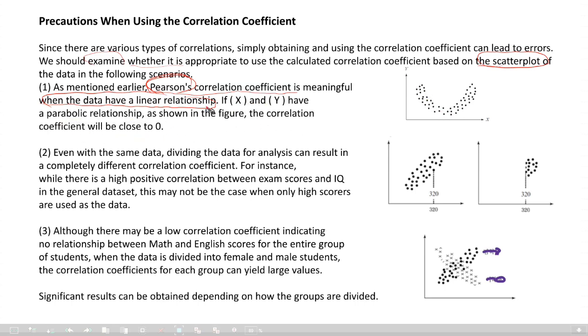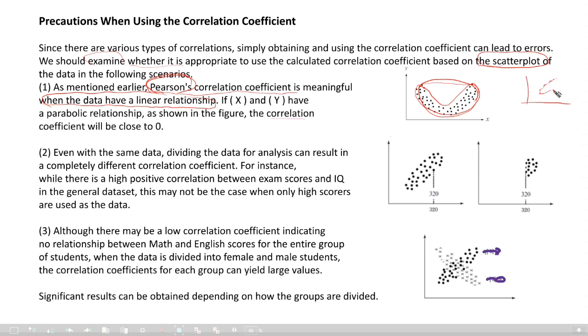Okay? That correlation coefficient formula applies to all this type of data. So for this data, the correlation coefficient will be close to zero.